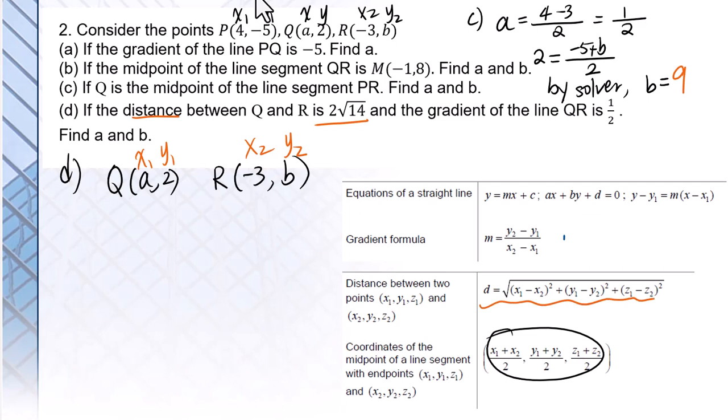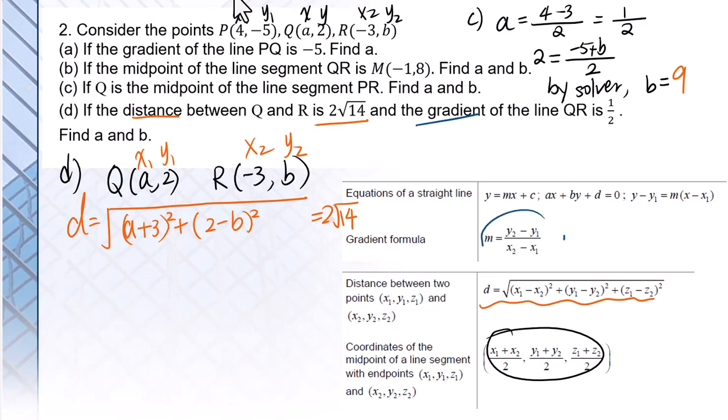This is the formula: d equals square root of (a minus negative 3, which is plus 3) squared plus (2 minus b) squared equals 2 square root of 14. Gradient, we will use this formula: b minus 2 over negative 3 minus a equals 1 over 2.